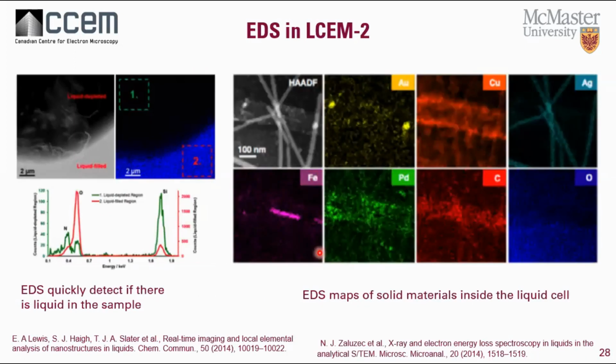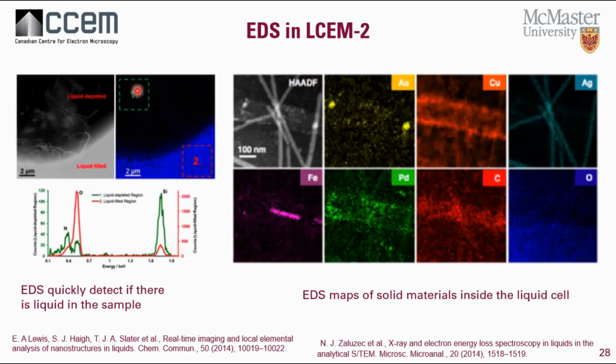Some examples of EDX in liquid cell microscopy. On the left side, we have a standard field image and a map, and the spectrum of the same area. The blue area here is actually an area covered with water, and it's really thick.